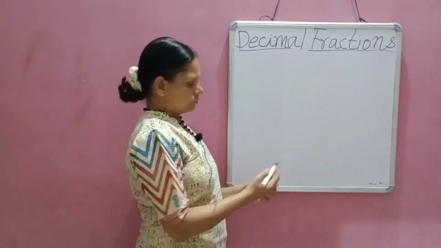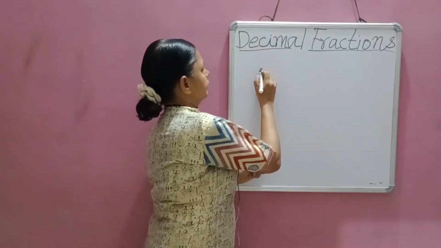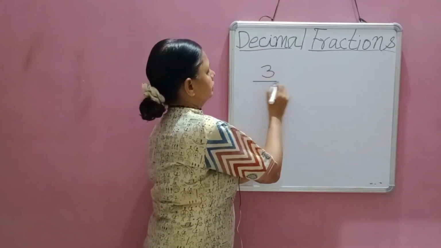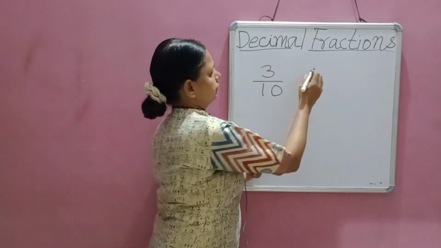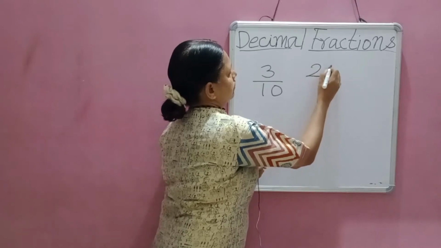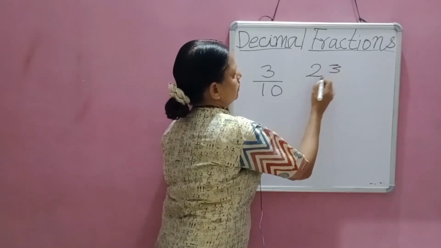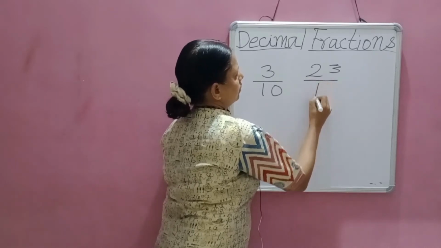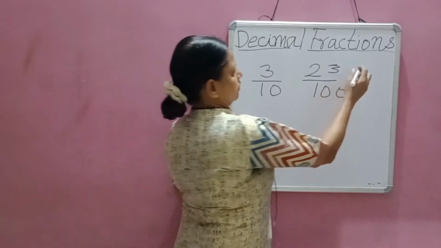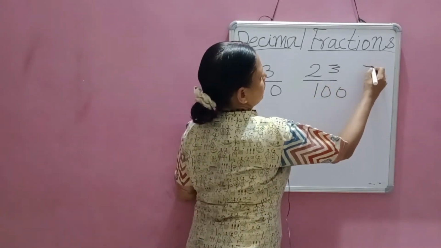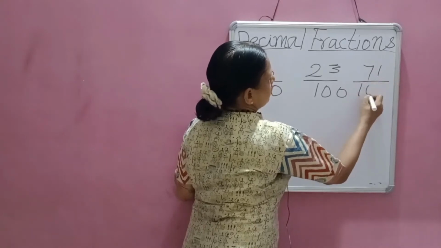See here, 3/10, 23 upon 100, 71 upon 1000.